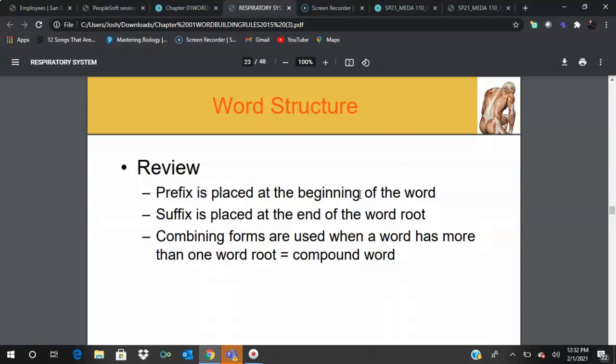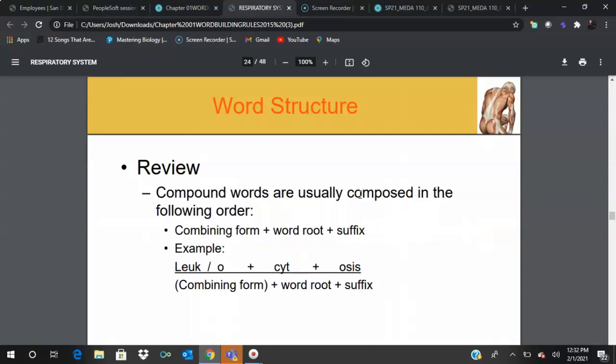But when we do that, we actually get something called a compound word, and we need to make sure that we put an O between those two word roots as we're sticking them together. And then we'll use our combining vowel after the last word root if we have a suffix that begins with a consonant. If that suffix begins with a vowel, then we don't need the combining vowel at that point, okay?